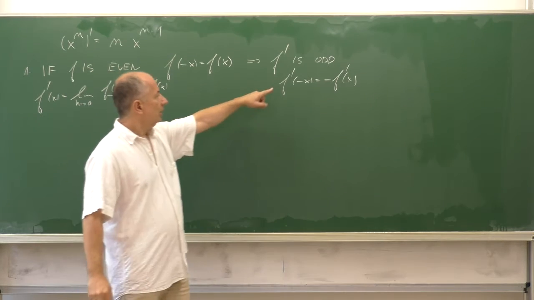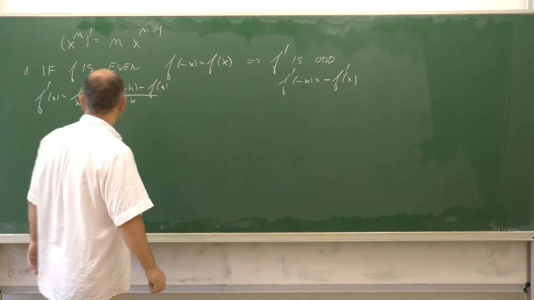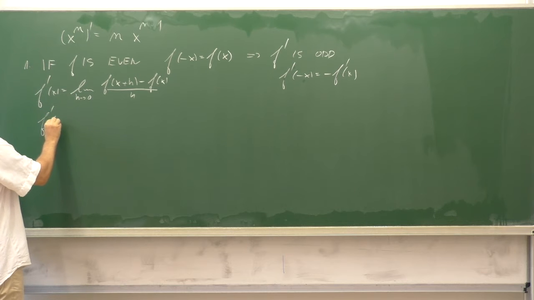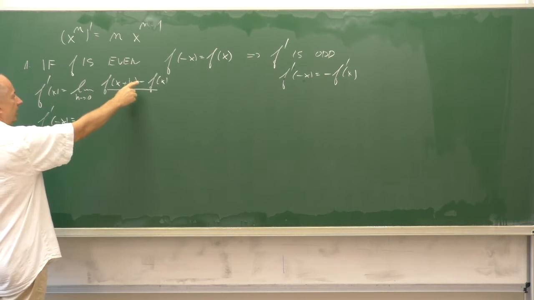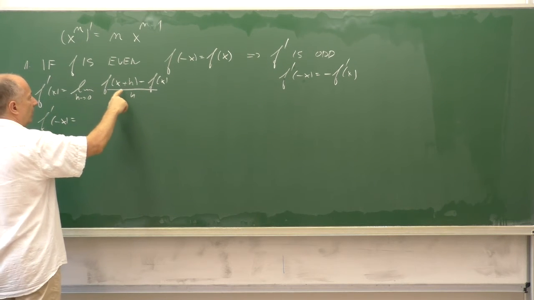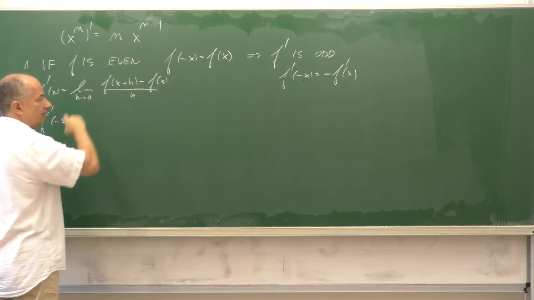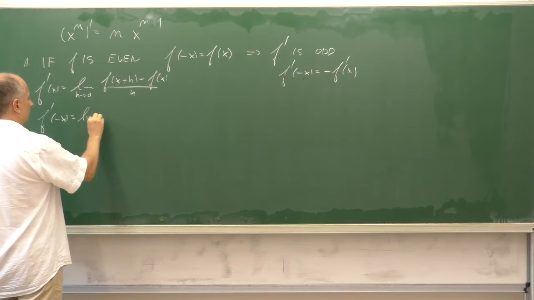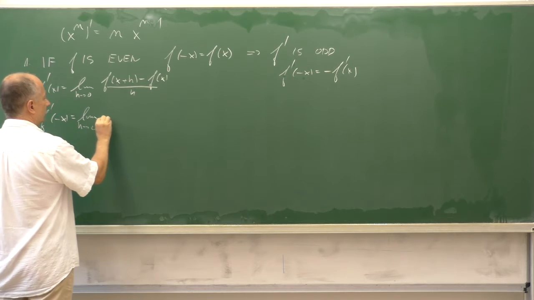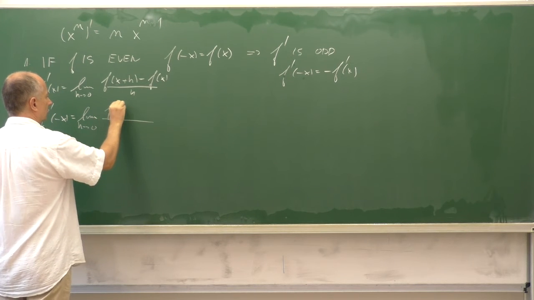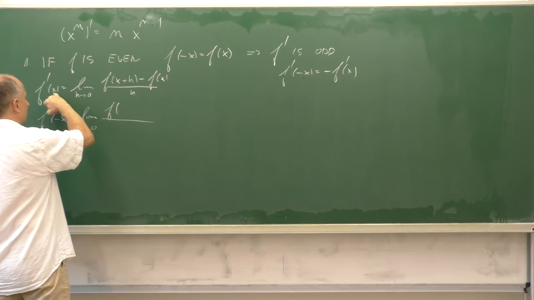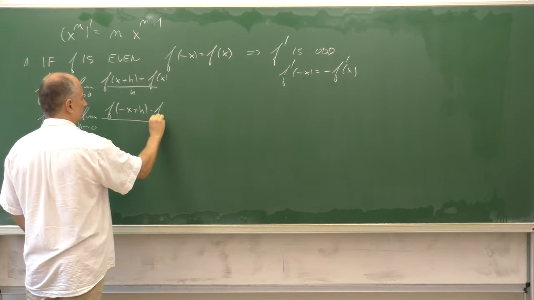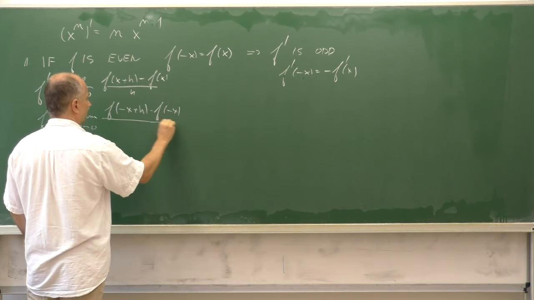Let us compute the derivative of f at minus x. So the derivative of f at minus x is here, where we substitute minus x instead of x. So we have the limit for h going to 0, and instead of x, we write minus x. And the same here.